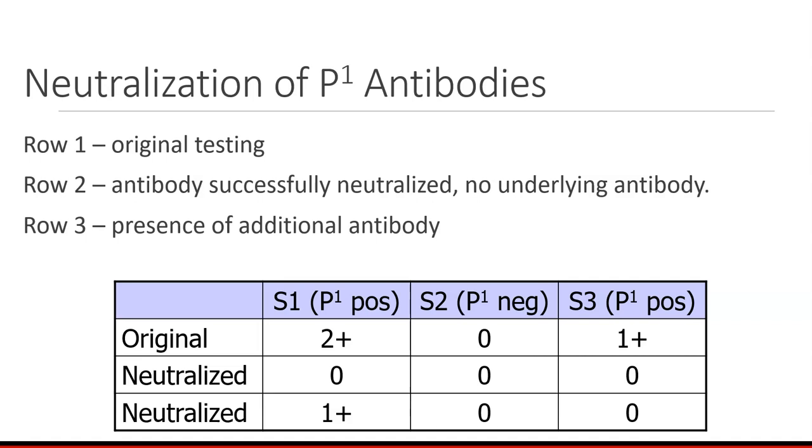And one thing I want to add here is the fact that we had anti-P1 identified, and now we added the P1 substance and neutralized it, and it's gone. That's an additional piece of information to confirm that you have anti-P1. The third row shows that the P1 was neutralized, but there's an additional antibody underneath.